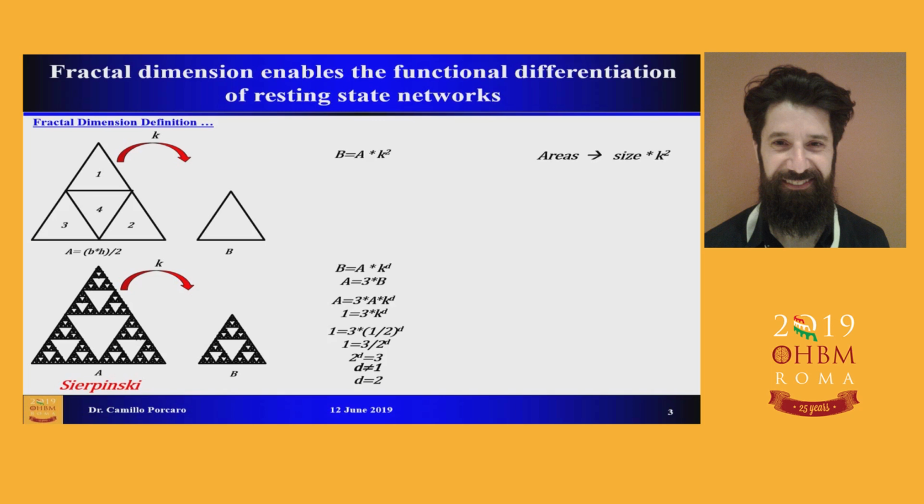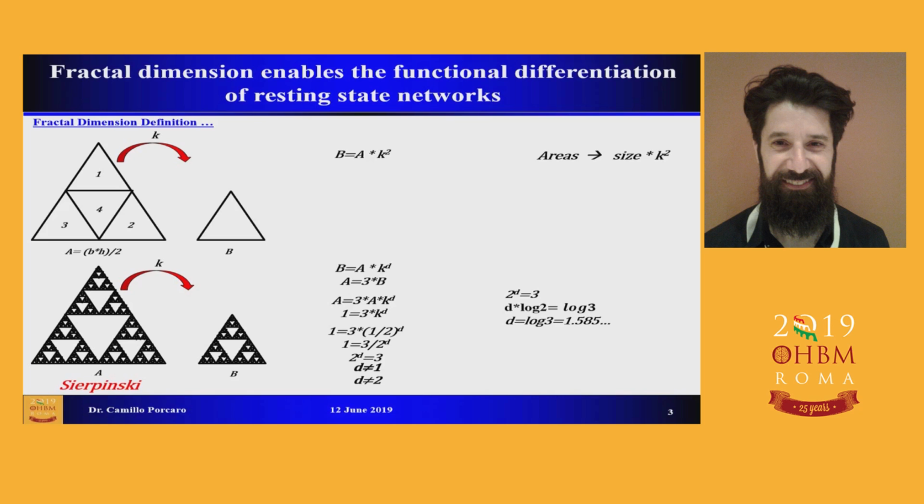So the Sierpinski triangle has neither one dimension nor two dimensions. But if we move to logarithms, we have that the dimension of this triangle is something like 1.585 and so on. This is exactly what fractal dimension means.